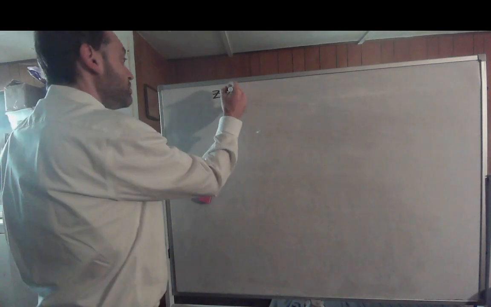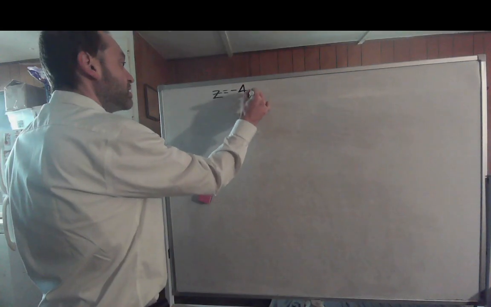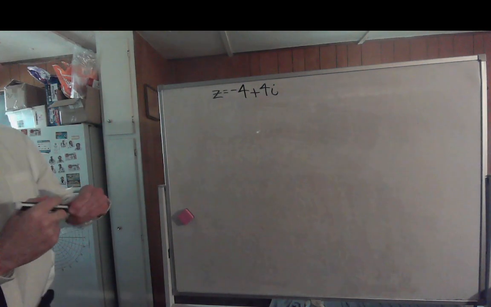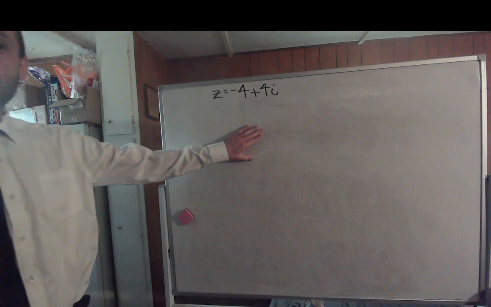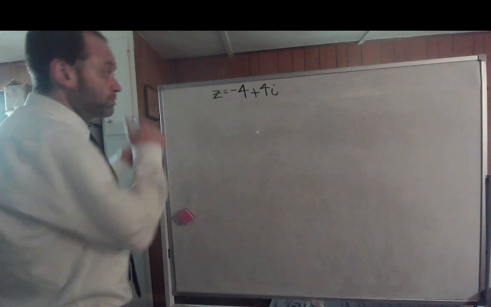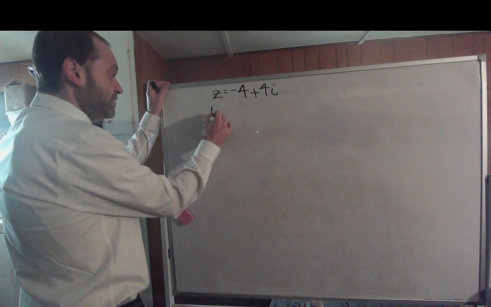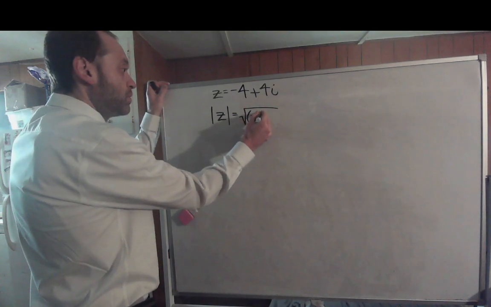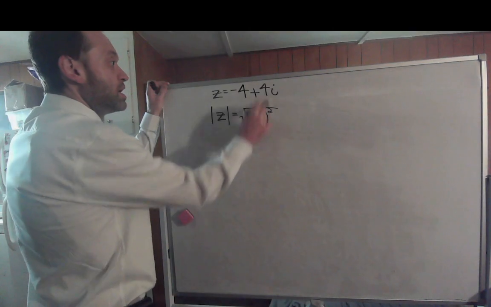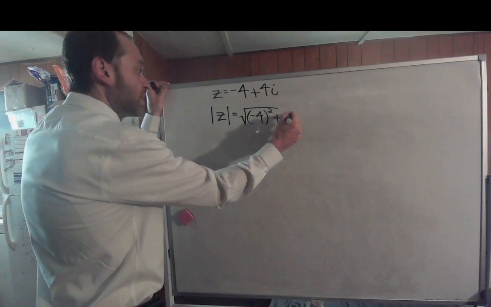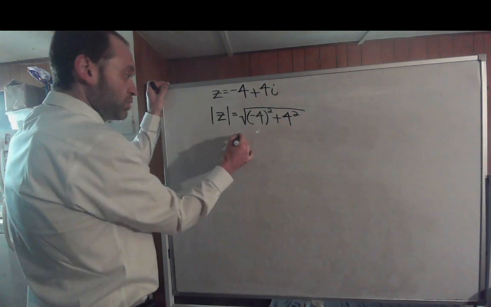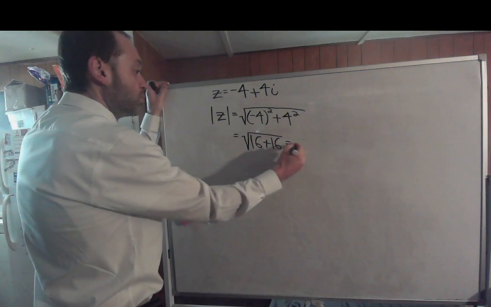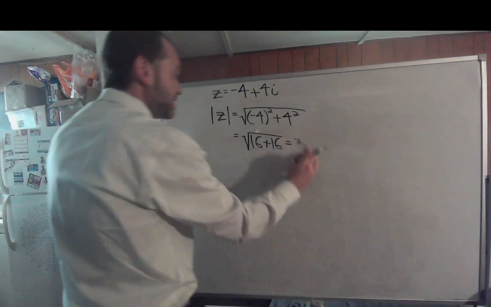What if I gave you z equals negative 4 plus 4i? There's a complex number. Let's find the absolute value of that complex number by taking the square root of that negative 4 raised to the second power plus that 4 raised to the second power, which would end up equaling the square root of 16 plus 16, which would equal the square root of 32.